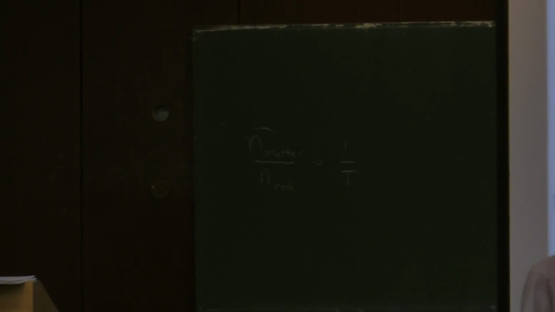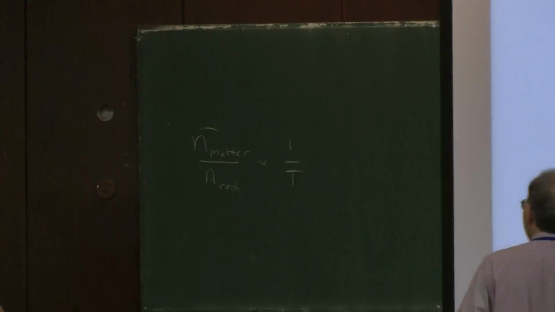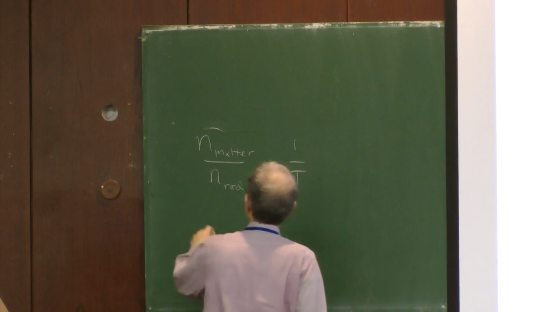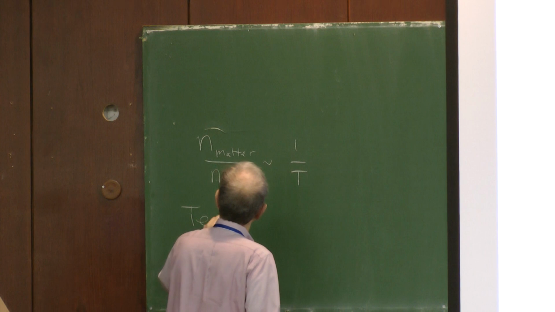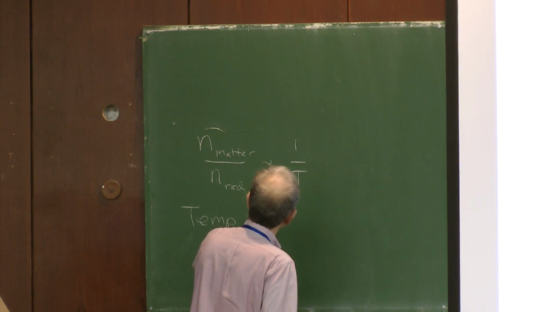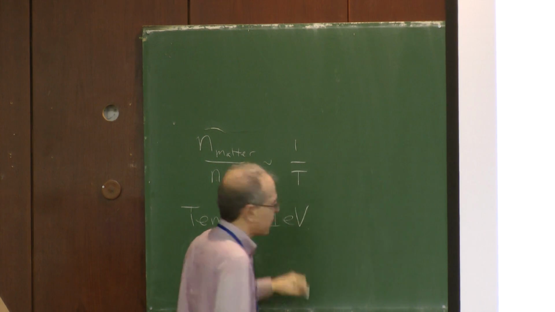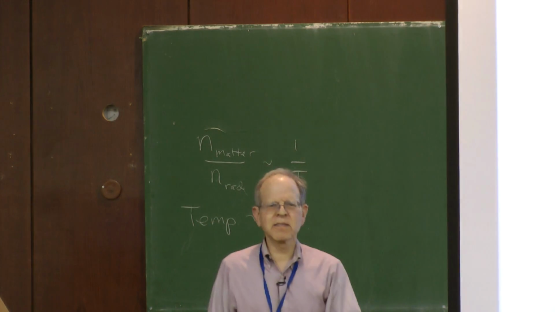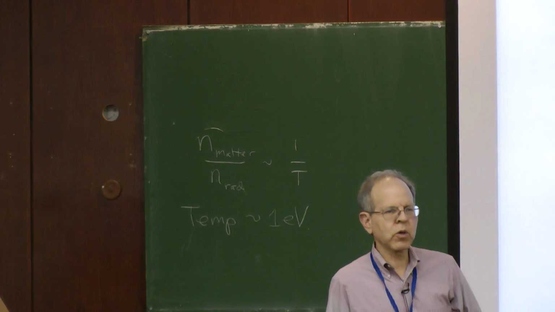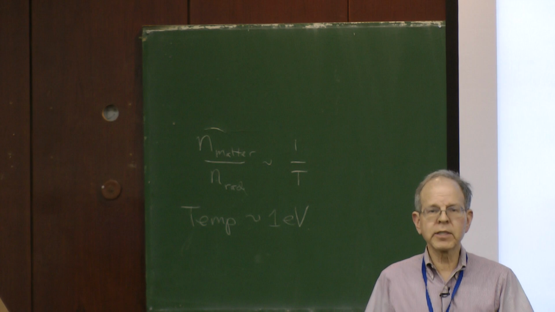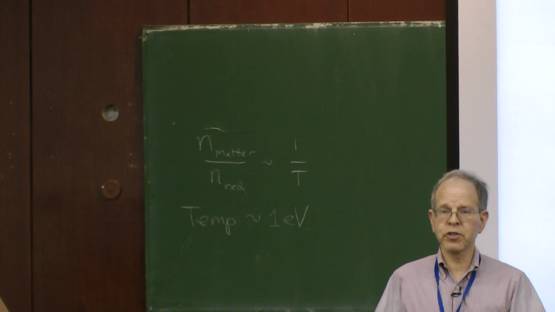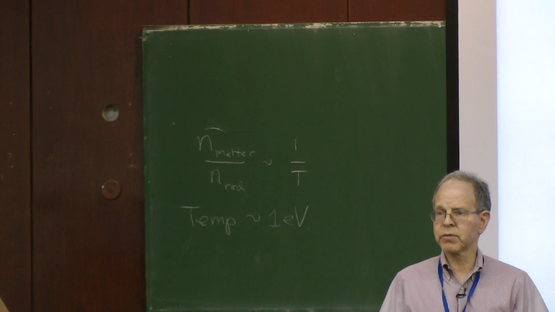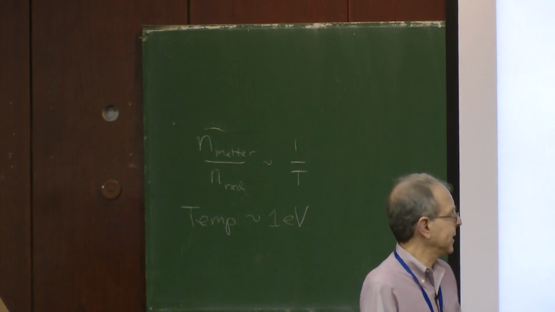I'll leave you as a little exercise to work out that when the temperature is of order an electron volt, so all this is really crude. What happens, I think Slava told you, when the temperature is of order an electron volt, that's around the time that matter and radiation should be in equal proportion. So matter should come to dominate the energy density.